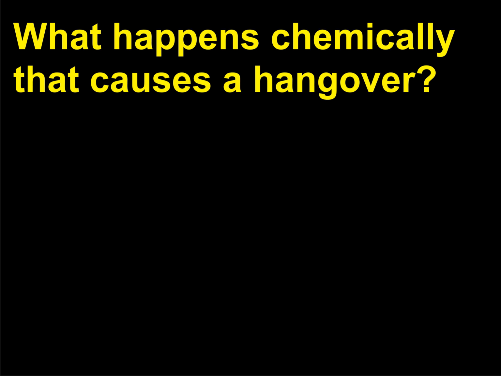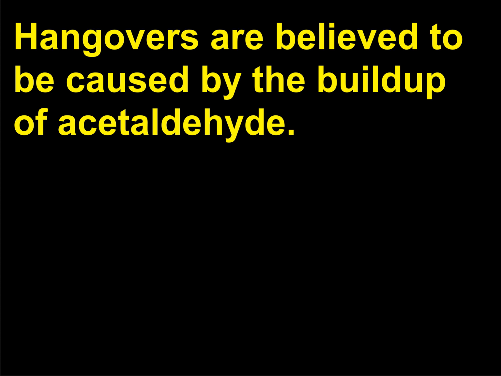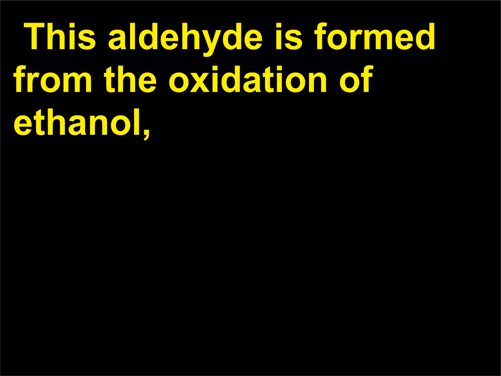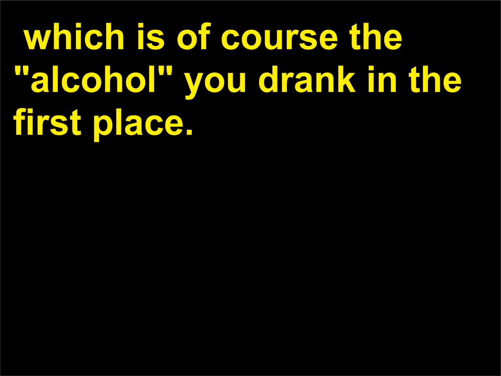What happens chemically that causes a hangover? Hangovers are believed to be caused by the buildup of acetaldehyde. This aldehyde is formed from the oxidation of ethanol, which is of course the alcohol you drank in the first place.